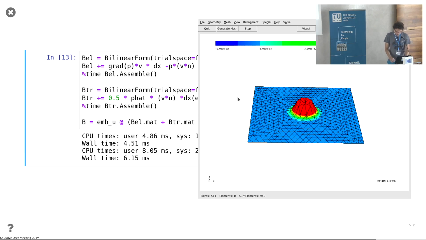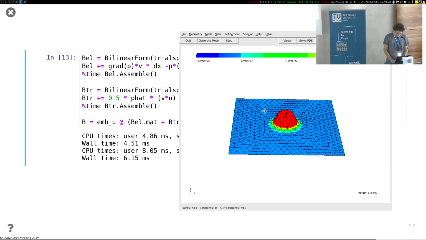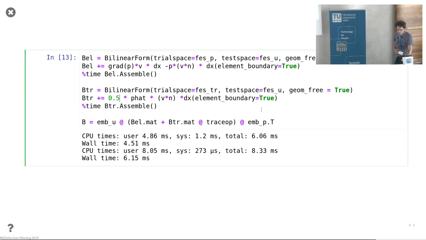Okay, and this is what we get for the assembly. So now that's the important part. So now we assemble the matrices, but these matrices are represented by just a few element matrices due to these classes that Joachim already discussed.